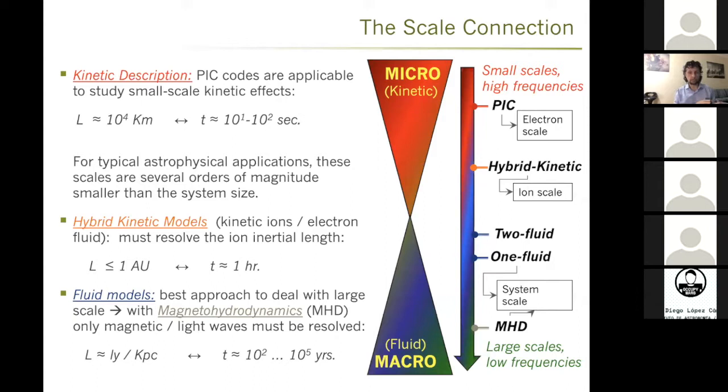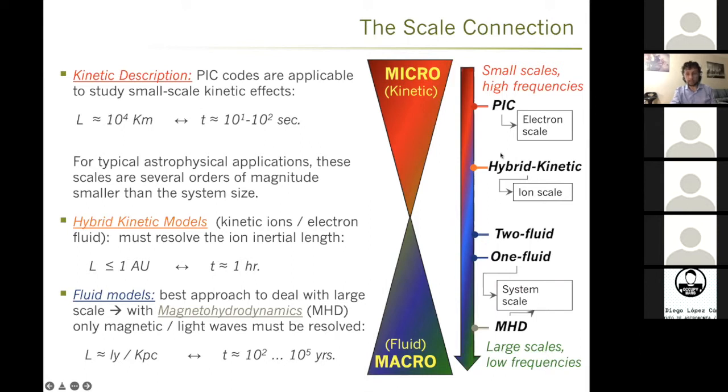This approach must resolve just the ion inertial length, which is larger than the electron one. So at this point, you can move to distances of approximately the distance between the Earth and the Sun, 1 astronomical unit, on a time scale of a few hours. And if you look at the diagram on the right, we are moving gradually from the top, which represents small scales and high frequencies, to the bottom, which represents large scales and low frequencies.